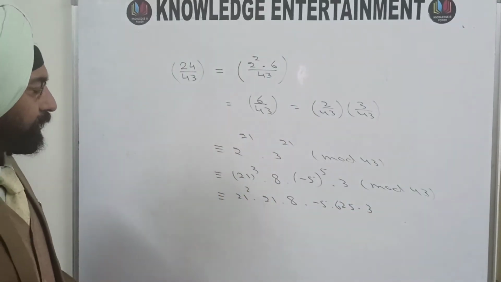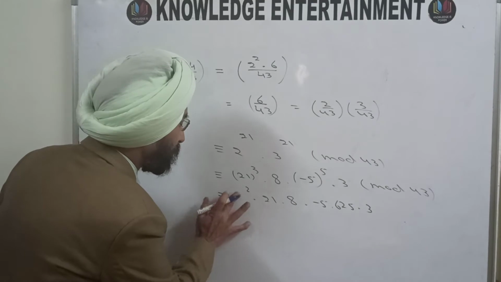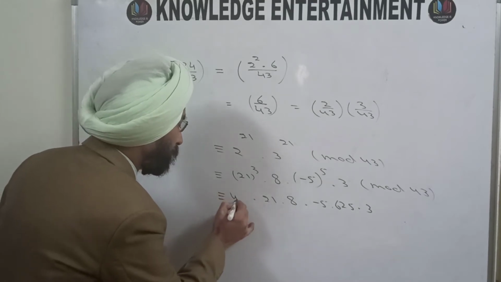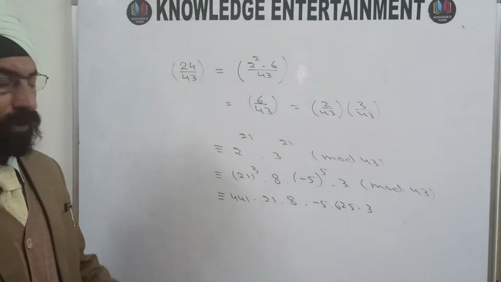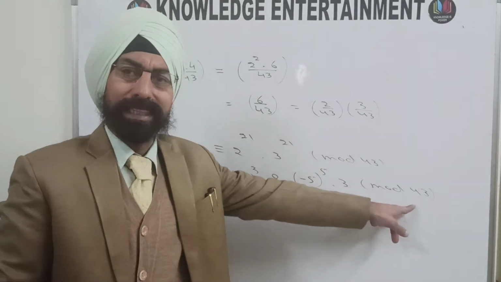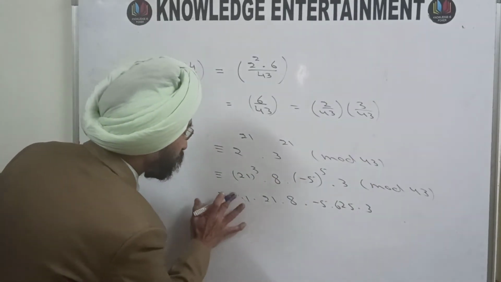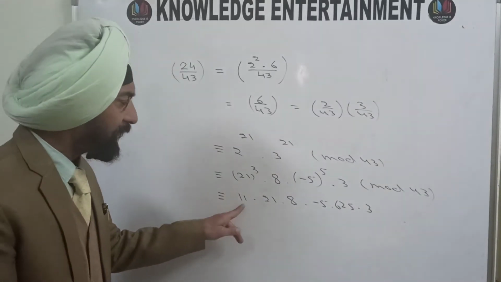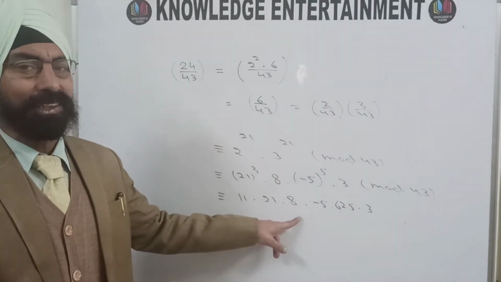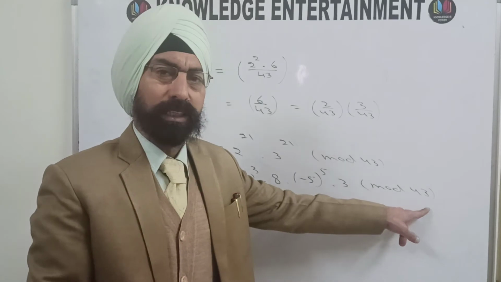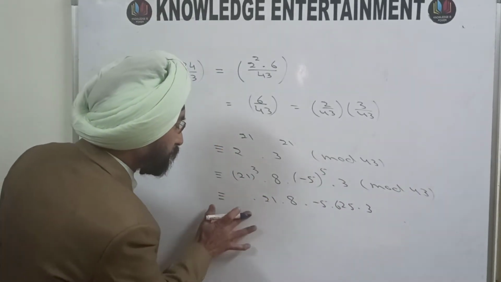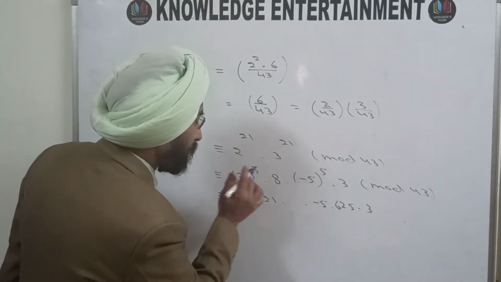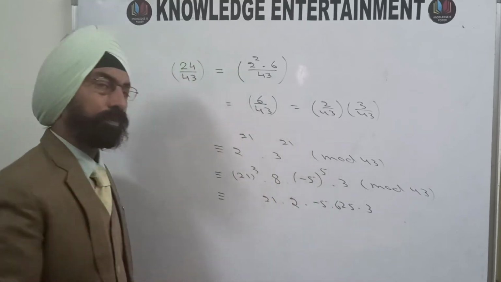Now once again this 21 squared is 441. 441 modulo 43 is 11. So this portion becomes 11. 11 into 8 is 88. And 88 divided by 43 will give you the remainder 2. So this product can be replaced by 2.